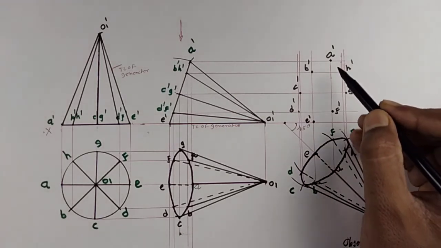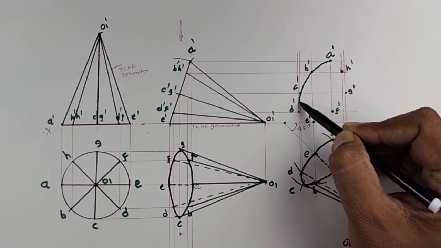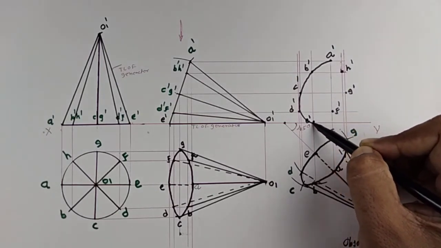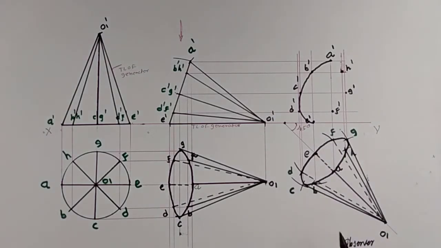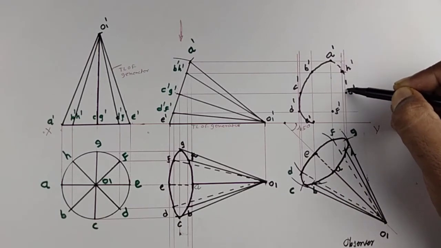So I join the A dash, B dash, C dash, D dash, E dash as a dark line. But the half of circumference which is away from the observer and nearer to vertical plane, it shows as a dotted line.